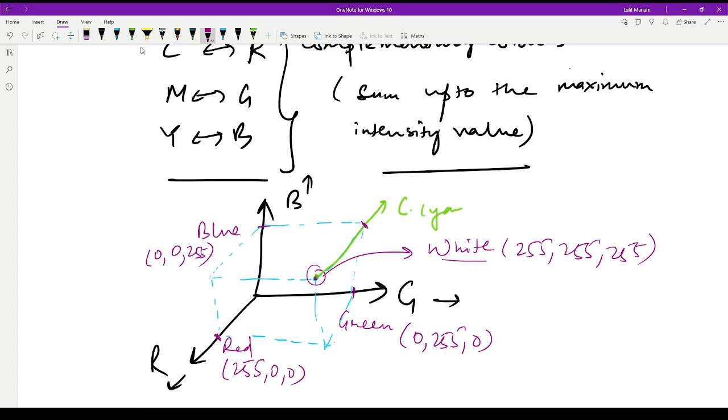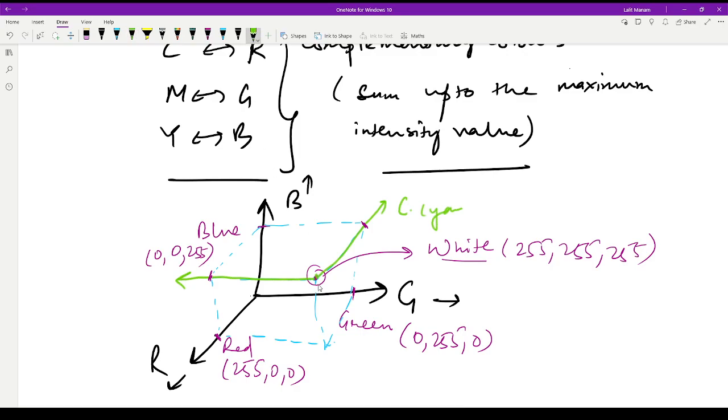So where will the other axis lie? For instance, cyan is okay. Then magenta should go like this, right? And its maximum intensity will be like this. And in RGB space, what will it look like? 255, 0, 255.